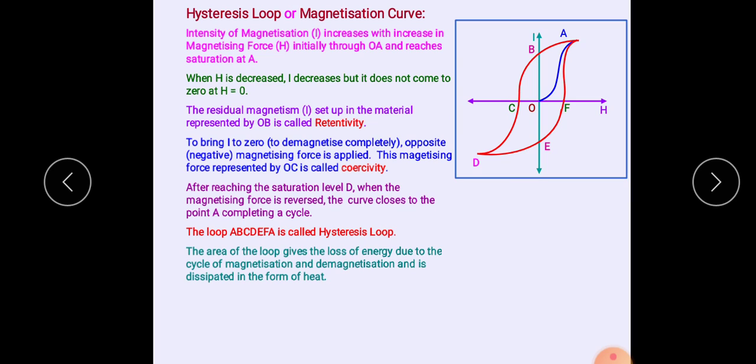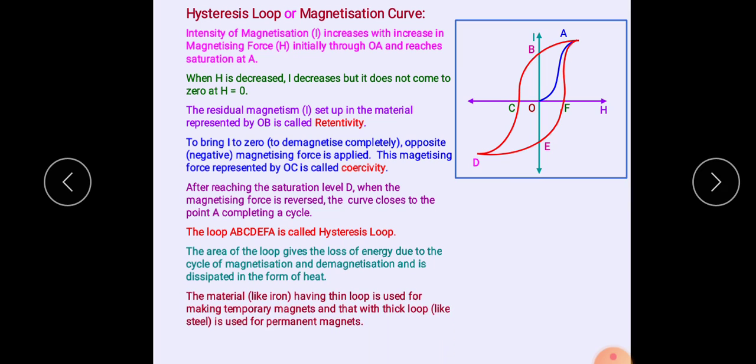ये एरिया जितना पतला होगा उतना ही हिस्टेरेसिस लॉस कम होगा, और अगर ये एरिया ज़्यादा होगा तो मैग्नेटाइजेशन और डीमैग्नेटाइजेशन के प्रोसेस में एनर्जी लॉस ज़्यादा होगा. The material like iron having a thin loop is used for making temporary magnets, and that with a thick loop like steel is used for permanent magnets.